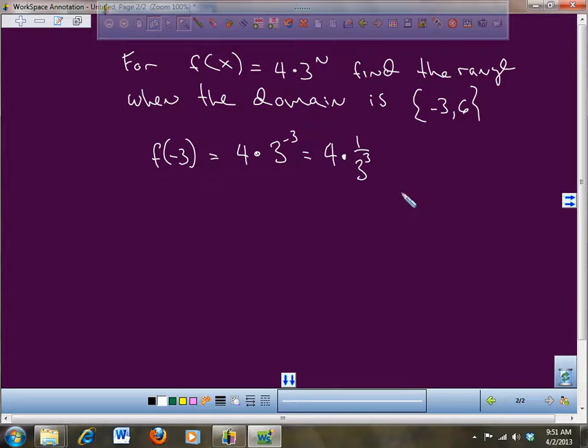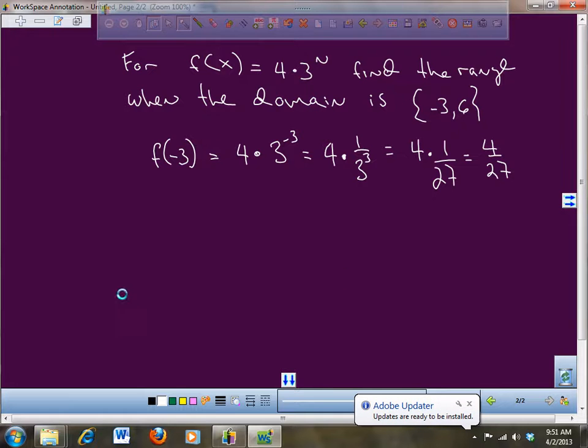I rewrote 3 to the negative 3 as 1 over 3 to the 3rd. Does anyone know what 3 to the 3rd is? 3 times 3 times 3. 27. Okay? So this is equal to 4 times 1 over 27. 4 27ths. Whoa, that's kind of weird.